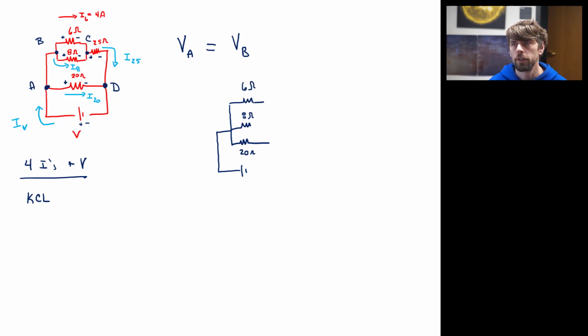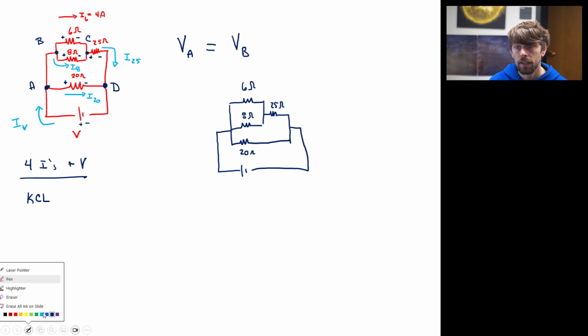Now notice the 6 and 8 ohm resistor combine to go to the 25 ohm resistor. And then the 25 ohm resistor and the 20 ohm resistor end up combining and coming back. And drawing it this way, we can see that A and B now, that whole place, that's right here.